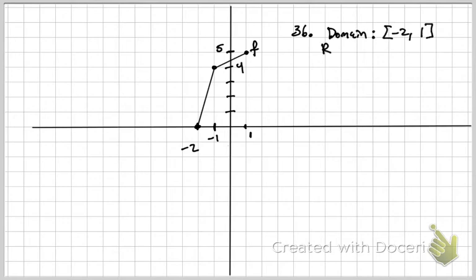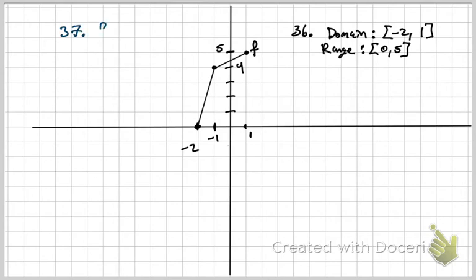So the domain is the far left, far right, so that's going to be -2 to 1, and both the -2 and 1 are included, so we do have the brackets. The range is low to high, so the lowest it is on the y-axis, and that's 0, and the highest it gets is 5, and it actually achieves both of those values, so it's 0 to 5.